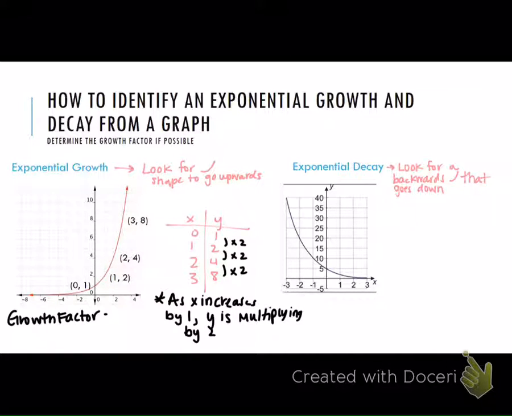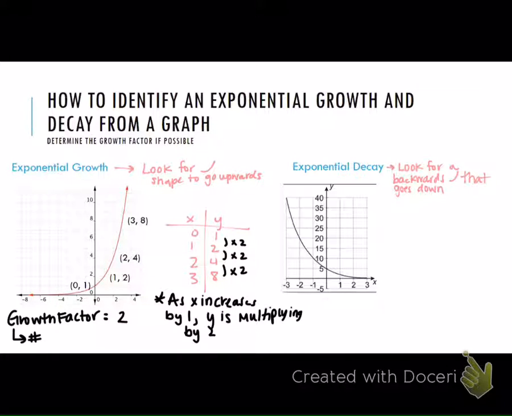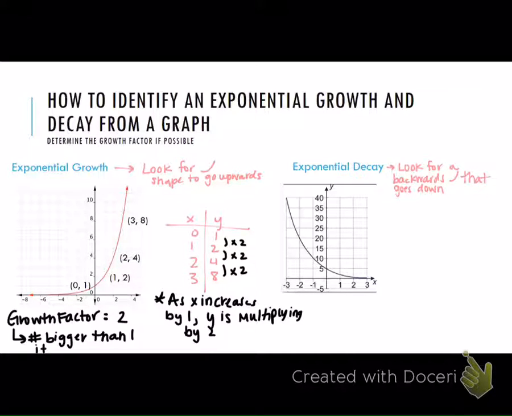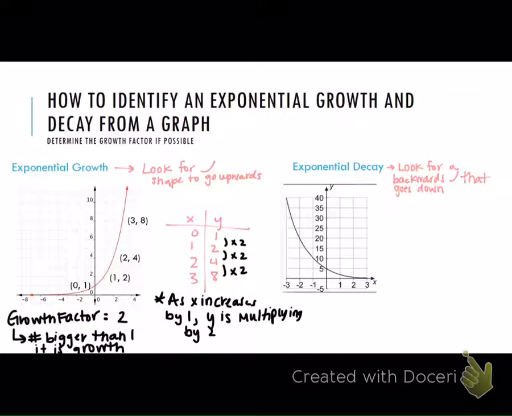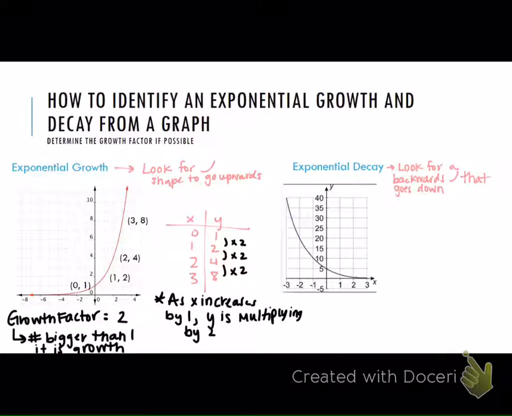This is a growth factor because it's a growth function. If the number is bigger than 1, it is growth. So if your factor is bigger than 1, then it is growth. So look at that there and see what questions you have so far.